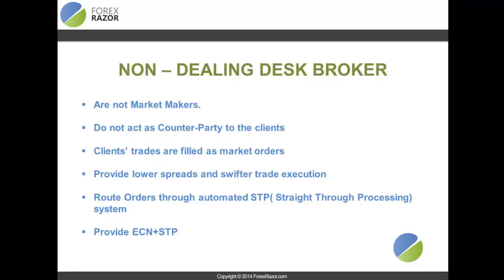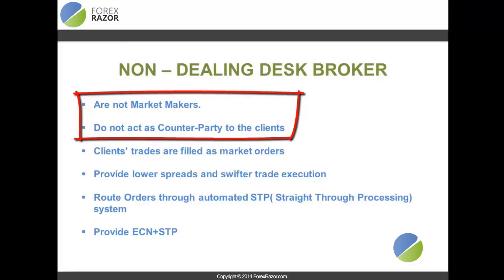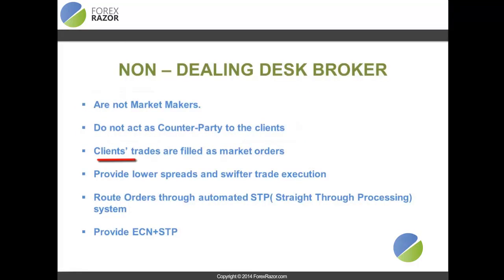Then we have the NDD or the non-dealing desk brokers. An NDD broker provides traders direct access to the interbank market without any dealer intervention. They are not market makers and do not act as counterparty to the clients. Clients' trades that they place on their trading platform are filled as market orders at the best available market price.